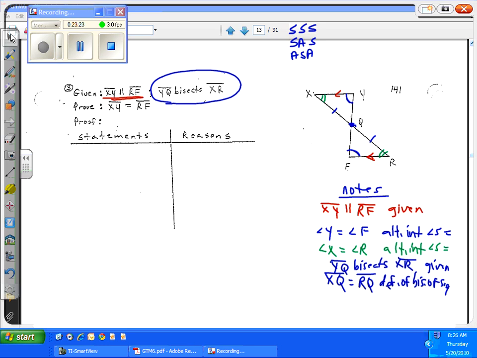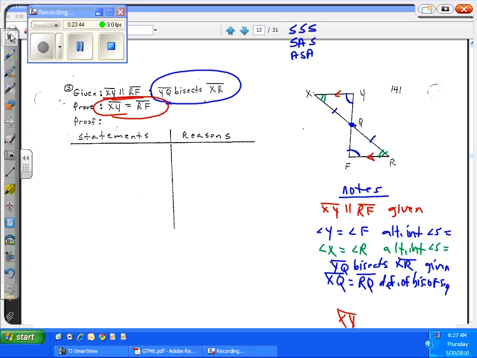All right, so we wrote the given proof, put the statements on the left, reasons on the right, drew the diagram. We took what we were given, we marked it in the diagram, we wrote statements and reasons derived from the markings in the notes section. So now we're going to look at what we're trying to prove. We're going to make it the very last statement.